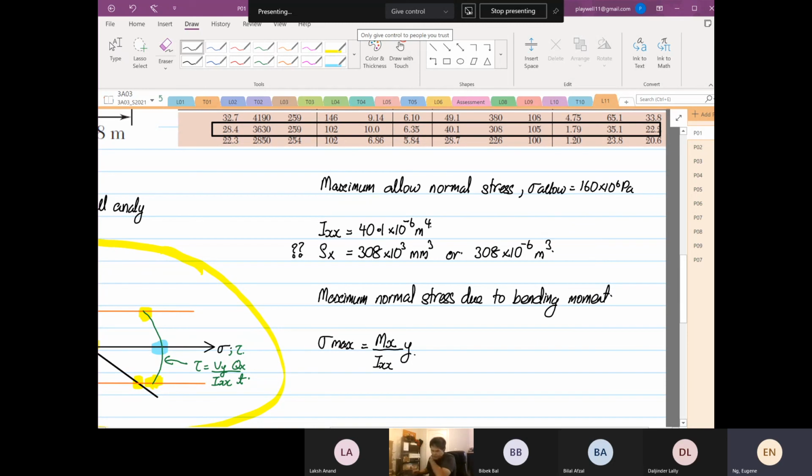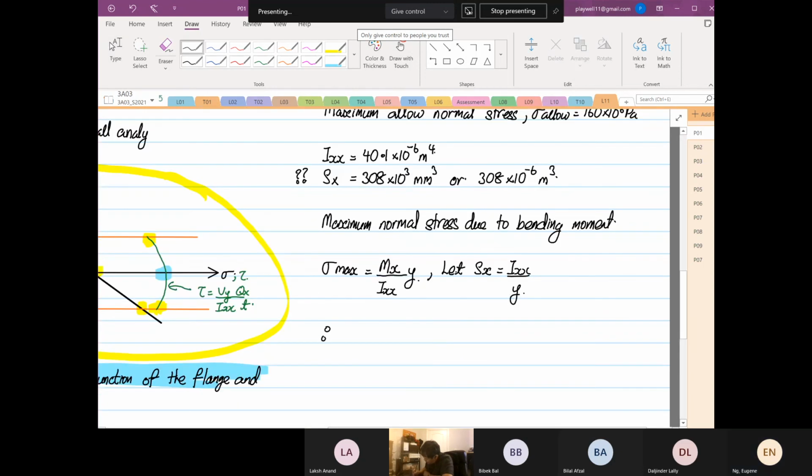Then we let SX be equal to IXX over y. Therefore, we can also write stress max is equal to Mx over SX.